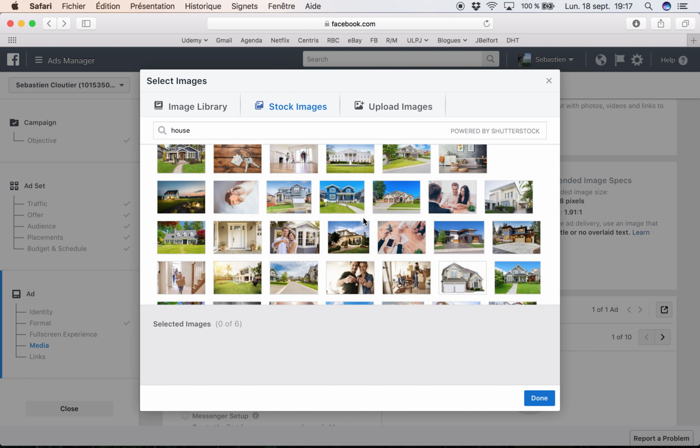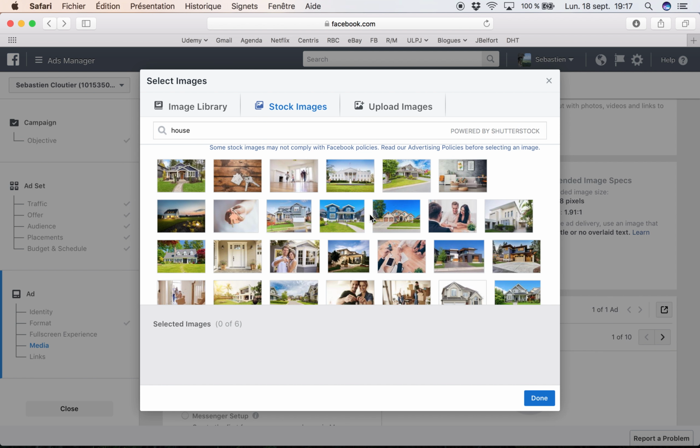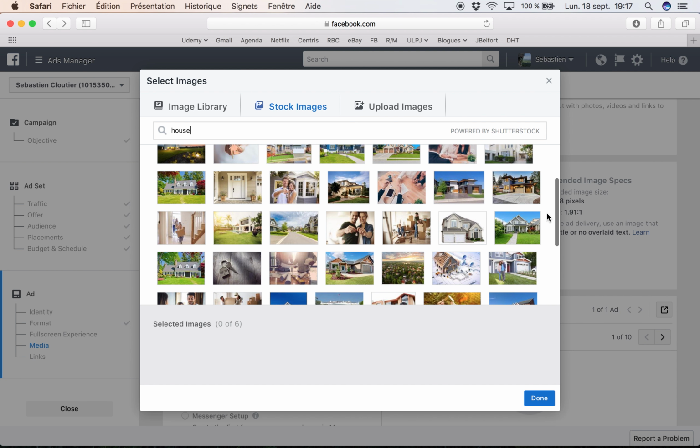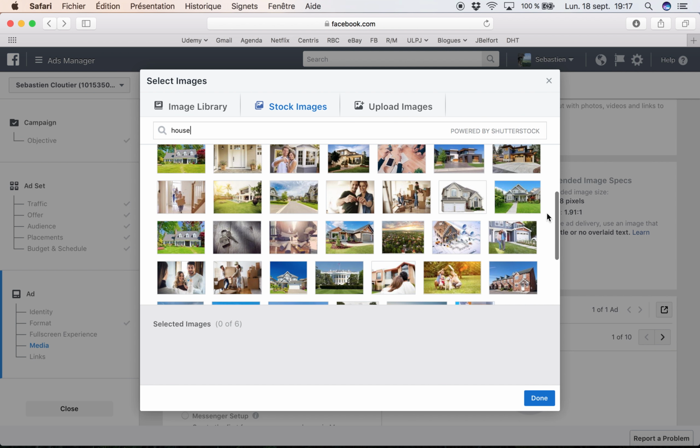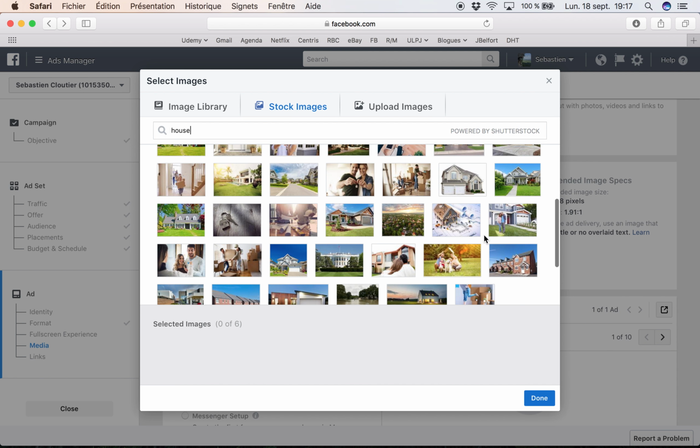If I'm in, I don't know, Montreal or New York, and a typical house is three times bigger than this, and this just makes no sense, because nobody lives in a house like this, I would not choose an image like that. If half of my customers live in a big mansion like this one, then I would use this image. You have to make sure that the people that are going to see your ad can relate, in their personal life, to the image they're going to be seeing.